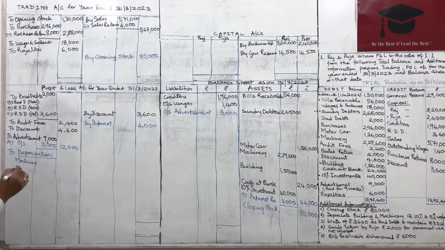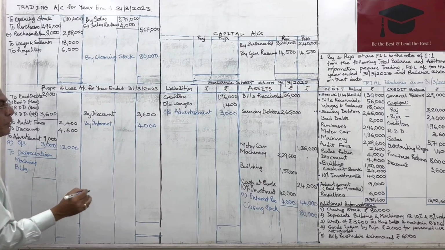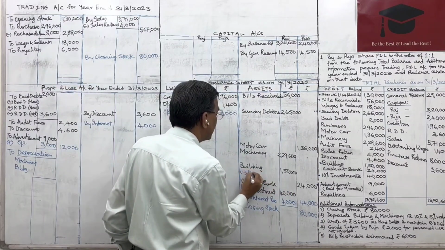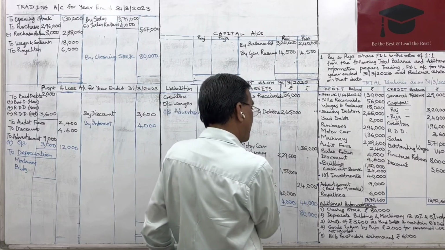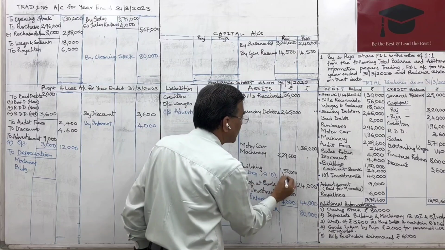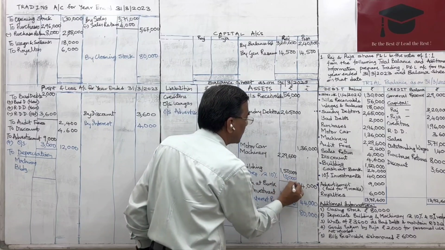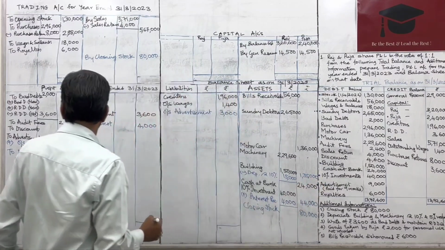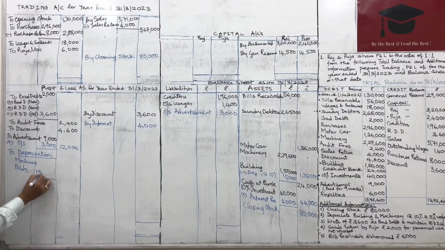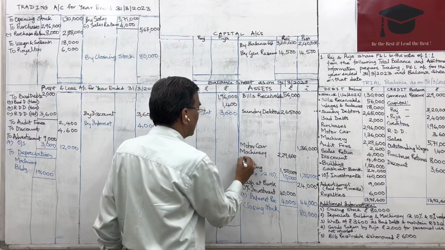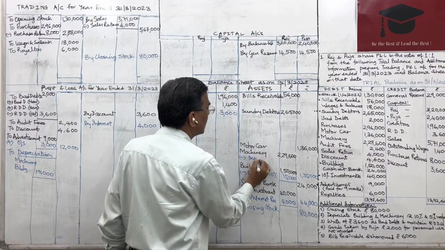And we are supposed to depreciate building also. So we first depreciate building, less depreciation, and the building is to be depreciated at 10%. That's 15,000. Outer column 1,35,000. Second effect, building depreciation 15,000 in the profit and loss because it's a loss. Machinery, less depreciation.